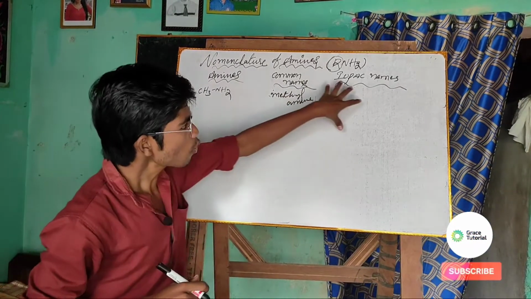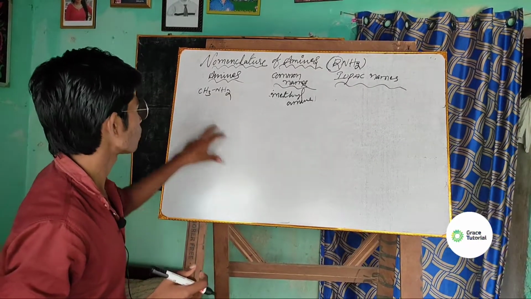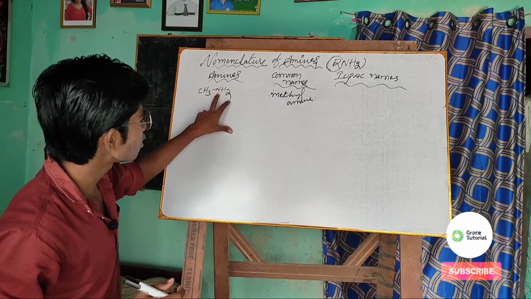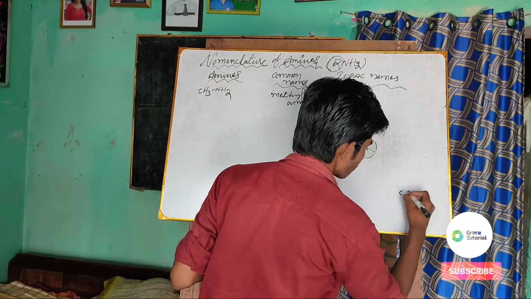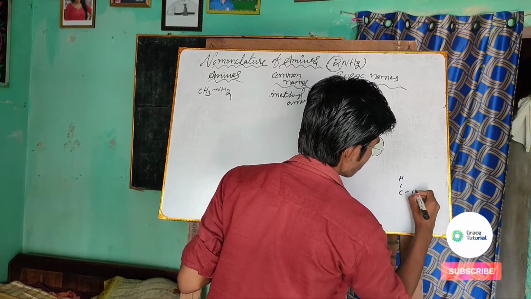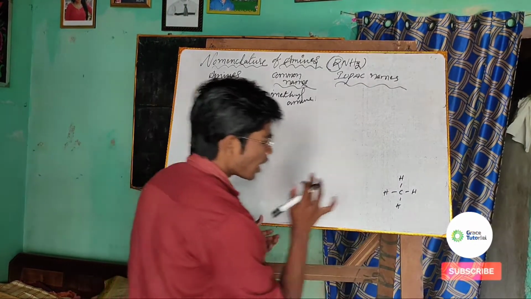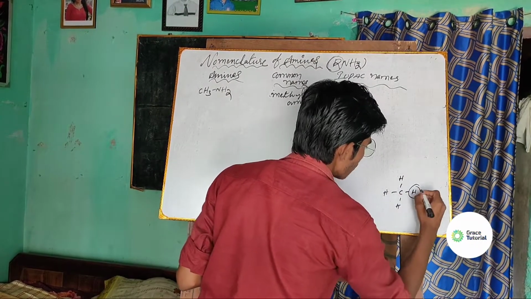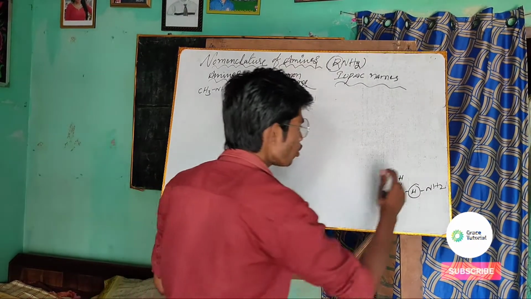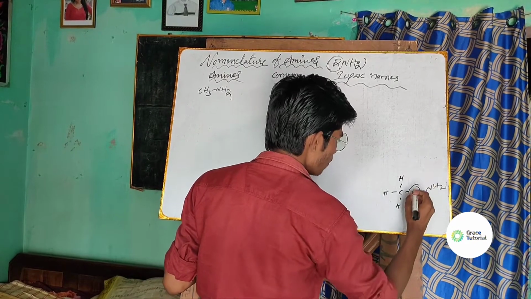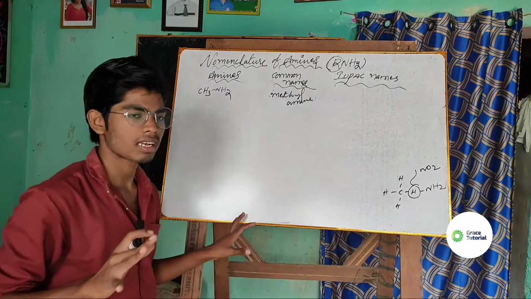Well, but the IUPAC name is slightly different from the common name. Here the methyl group is attached to this amine. So what happens here basically, suppose I have methane. If this hydrogen atom of the methane is replaced by NH2, just how, suppose, if the same hydrogen atom is replaced by NO2, then you can say nitromethane.